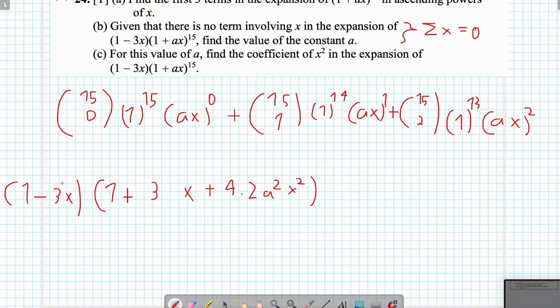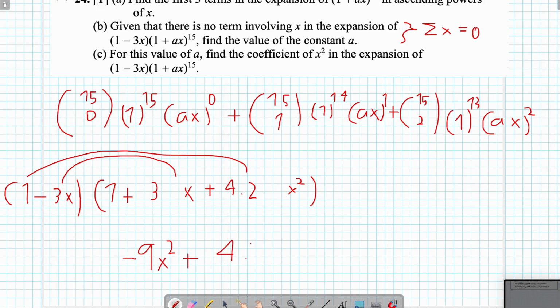Negative 3x with 3x, and then 1 with 4.2x squared. So negative 9x squared plus 4.2x squared is equal to negative 9 plus 4.2, which is negative 4.8x squared, and they want the coefficient, which means it's just negative 4.8.